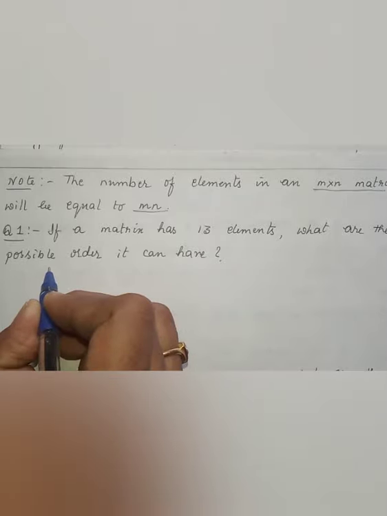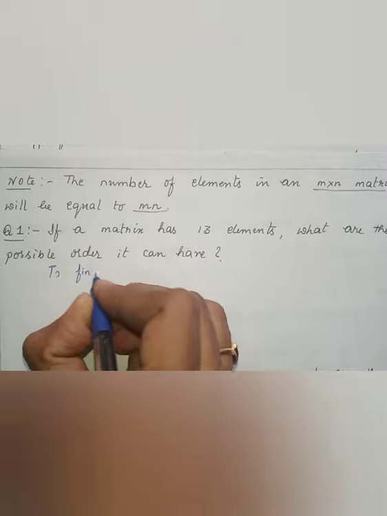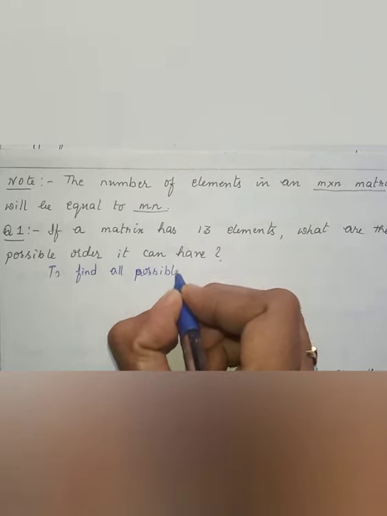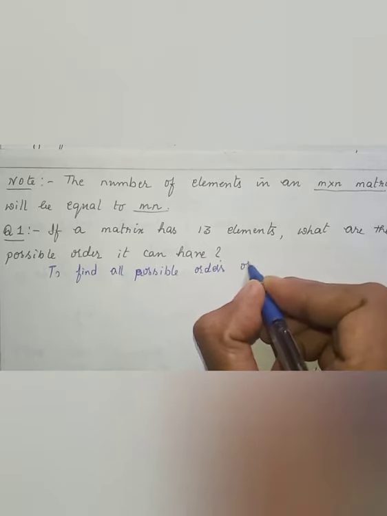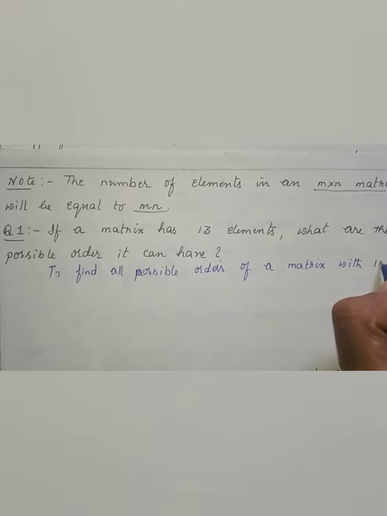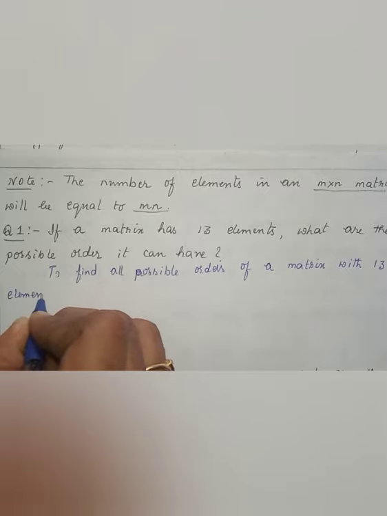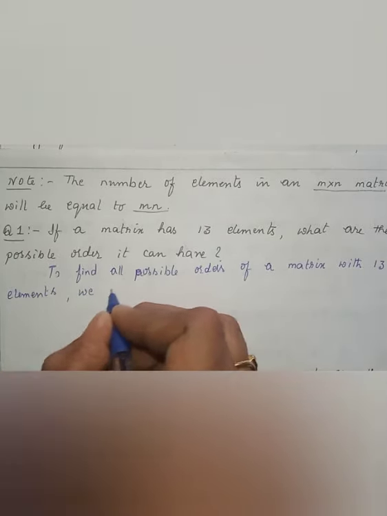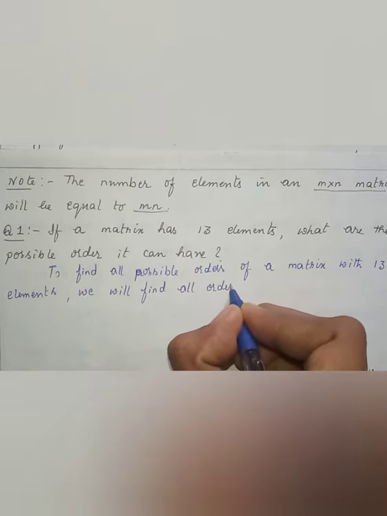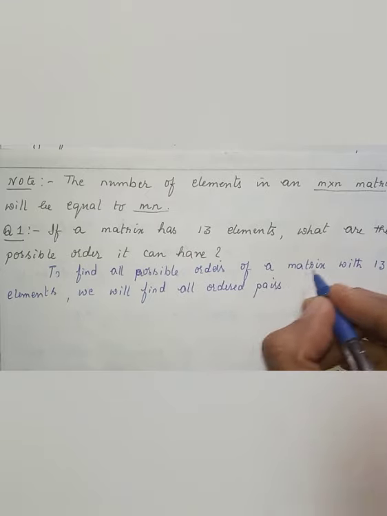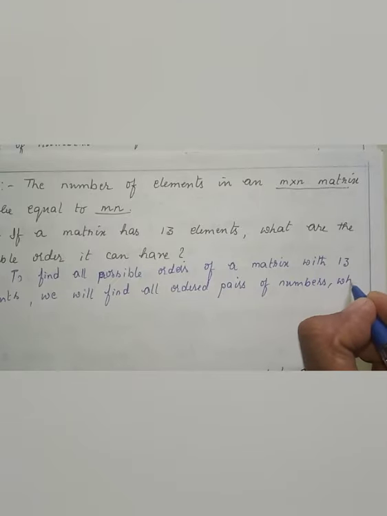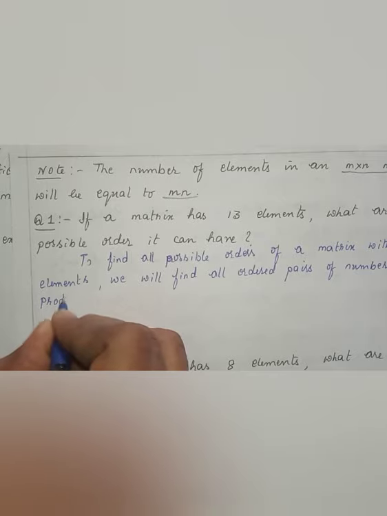That is, to find all possible orders of a matrix with 13 elements, we will find all ordered pairs of numbers whose product is 13.